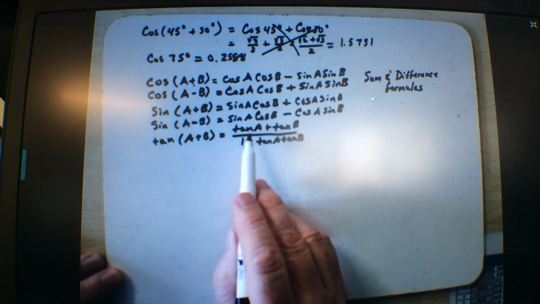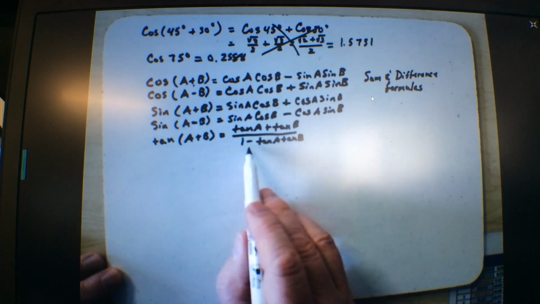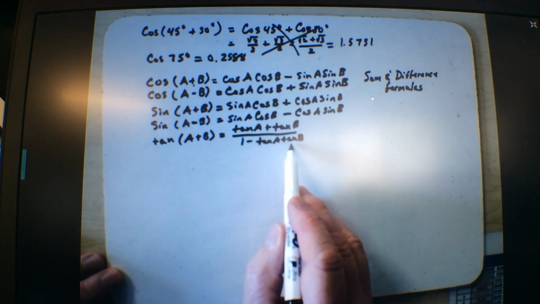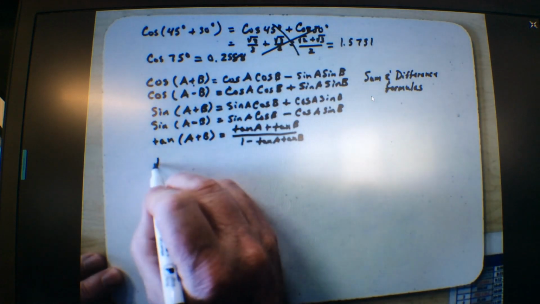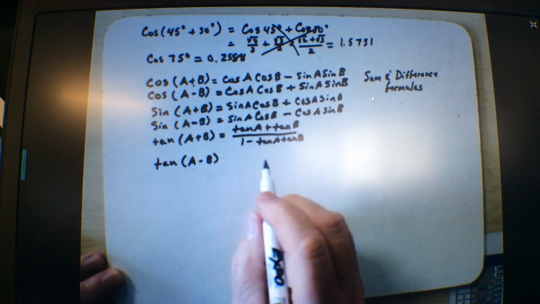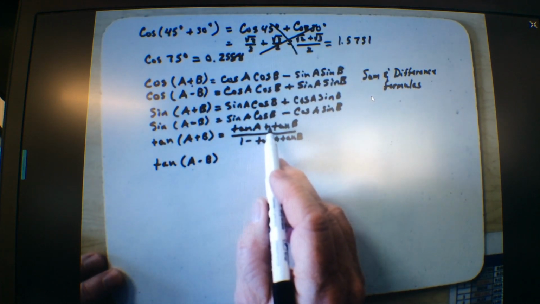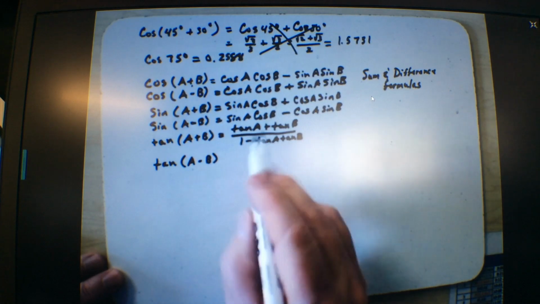Okay, so I'll read it to you. It's tangent of A plus tangent of B all over 1 minus tangent A times tangent B. And then if we subtract them, the only thing that changes is these two signs.